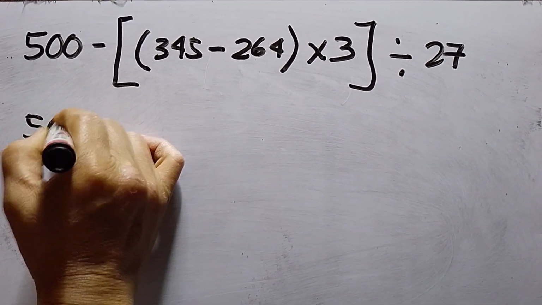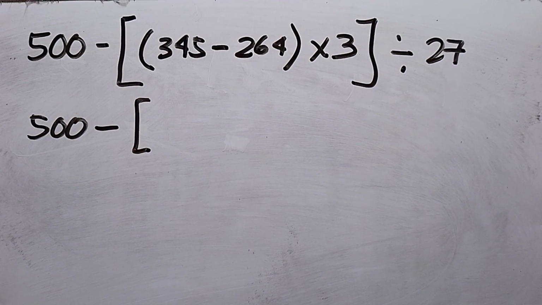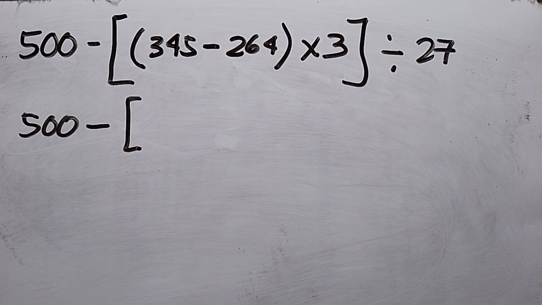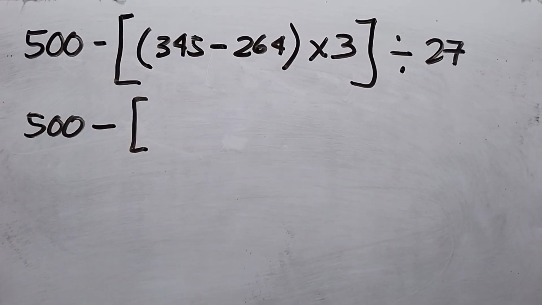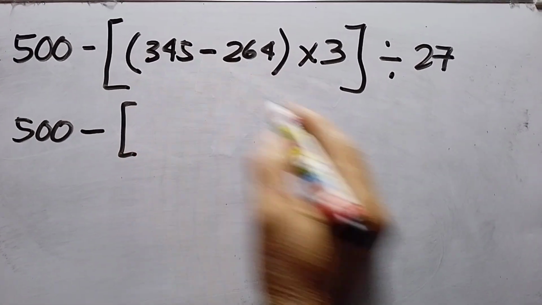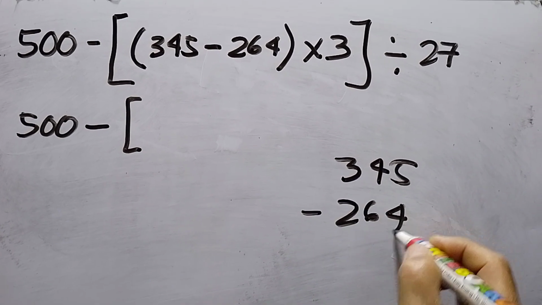So I need to copy 500 first, then simplify inside the round brackets. So in the round brackets, I have here 345 less 264.